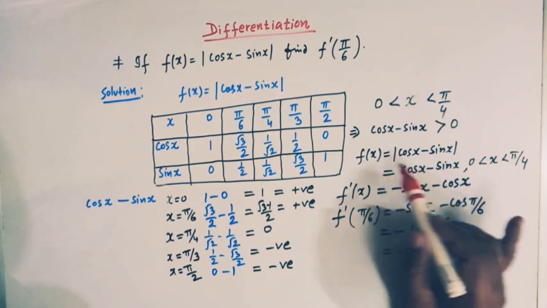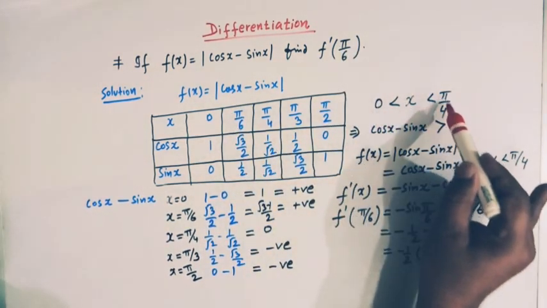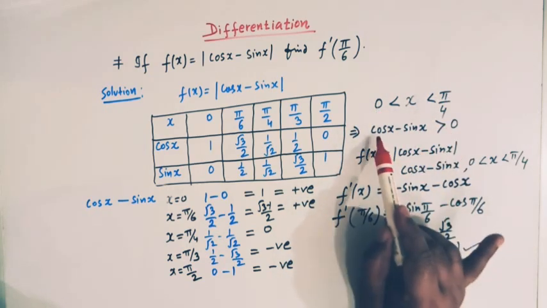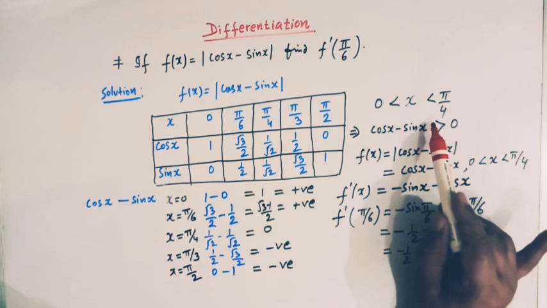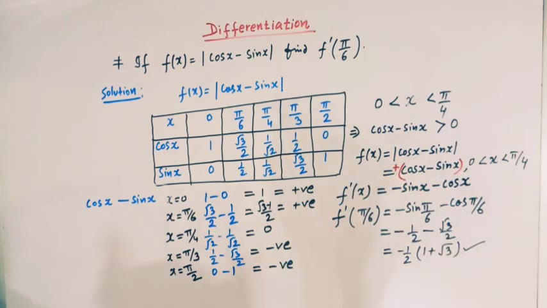Here we have seen that π/6 lies between 0 and π/4, and when x lies between 0 and π/4, cos x − sin x is greater than 0, so we have the positive sign.